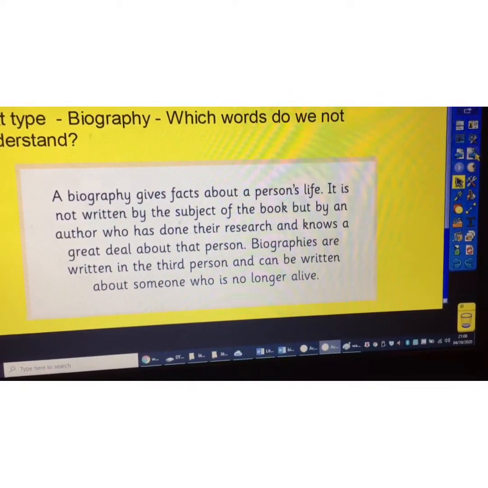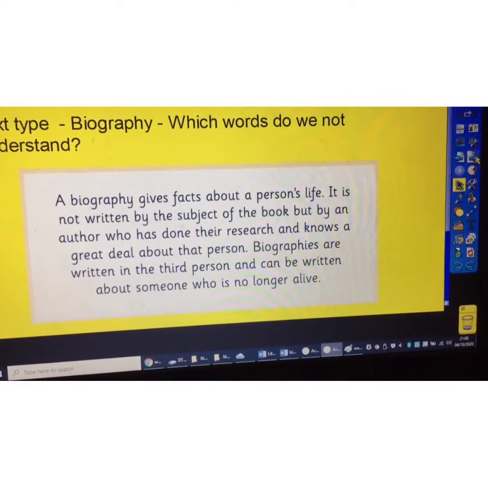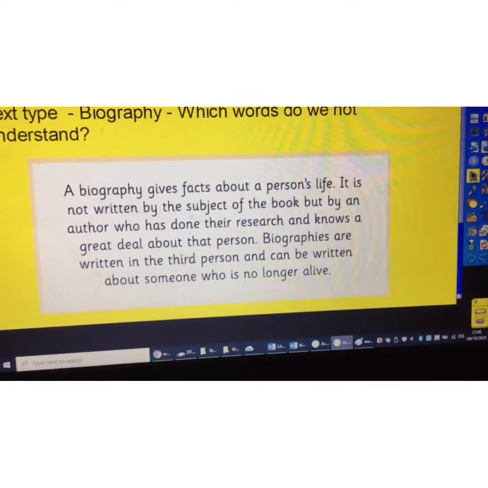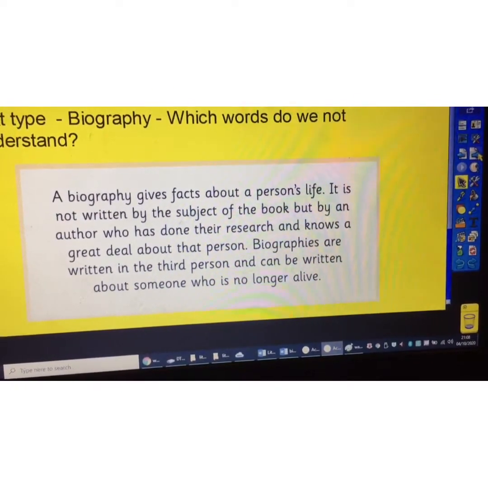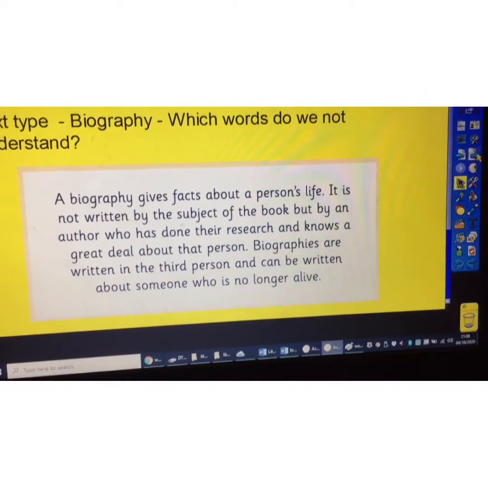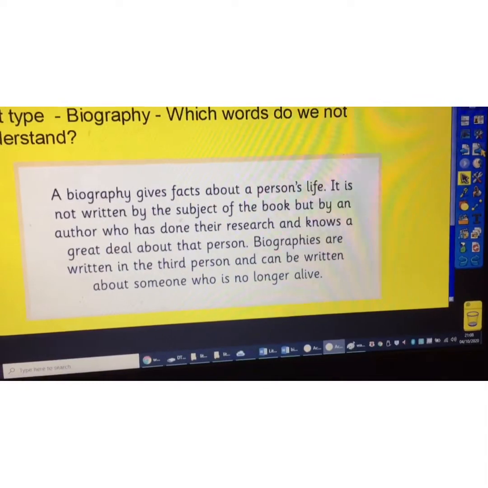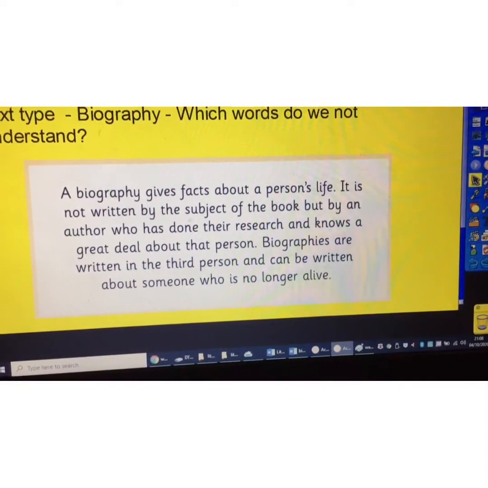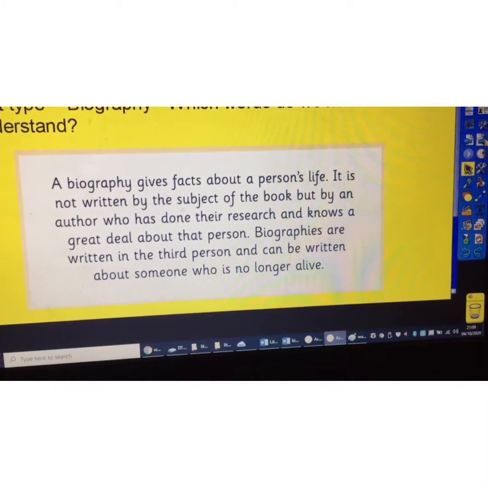So a biography is about a person, but it's not written by that person. I wouldn't write a biography about myself. It's written by somebody who has done lots and lots of research and has found out lots of information about that person. So we are going to be finding out lots of information about some inventors, and we are going to be writing a biography about them.